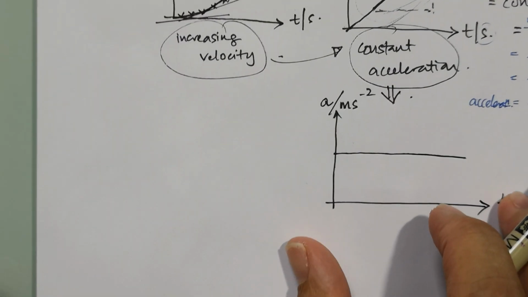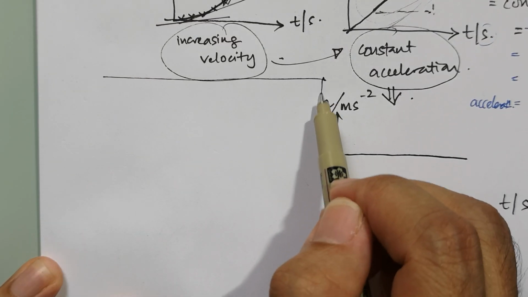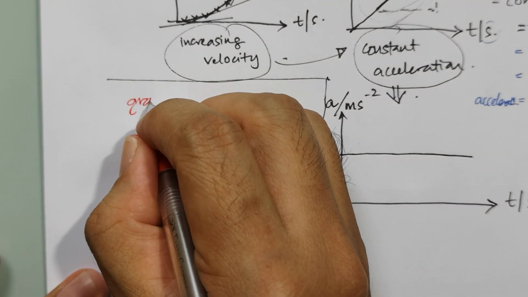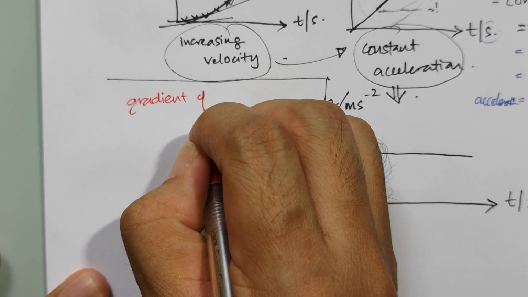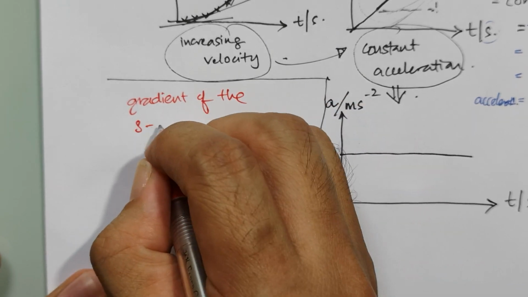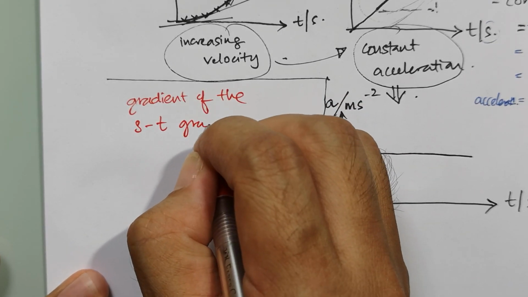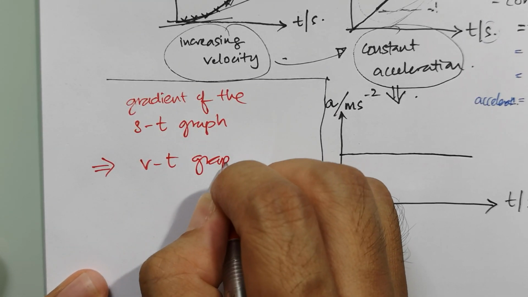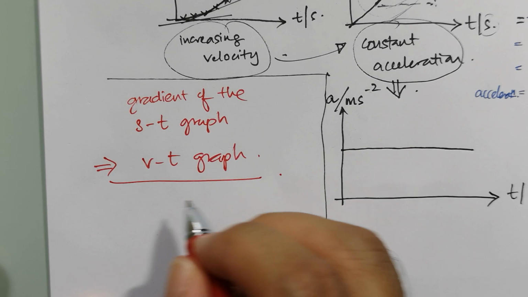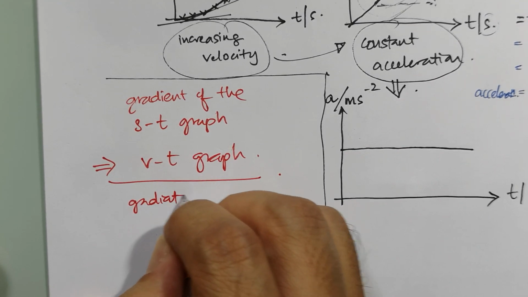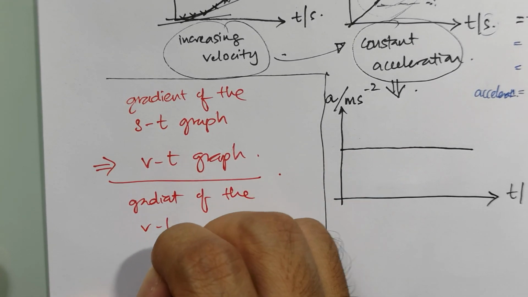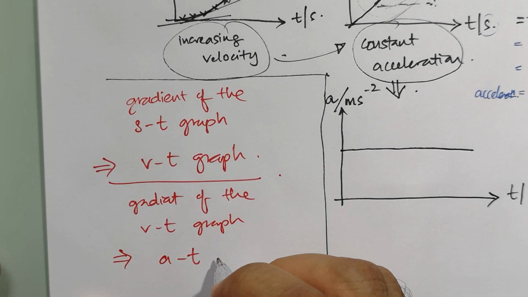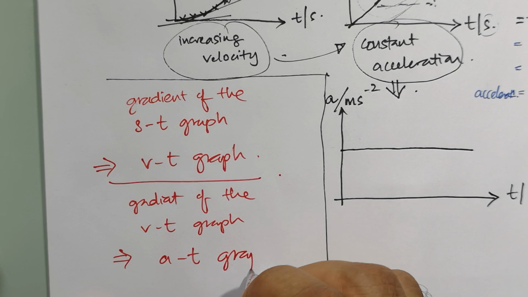Okay? So, in summary, the gradient of the displacement time graph gives me my velocity time graph. The gradient of the velocity time graph gives me my acceleration time graph.